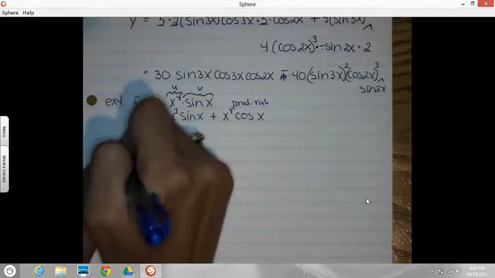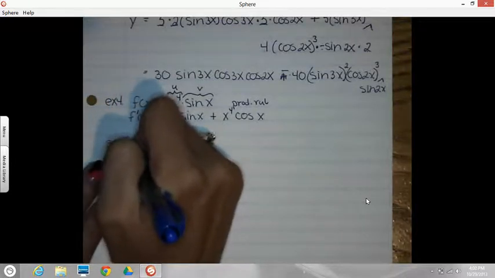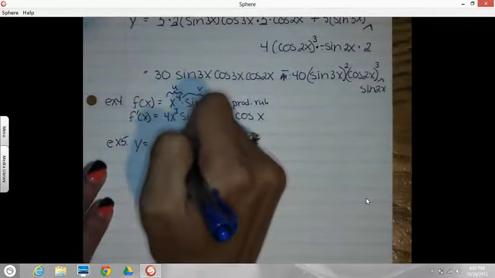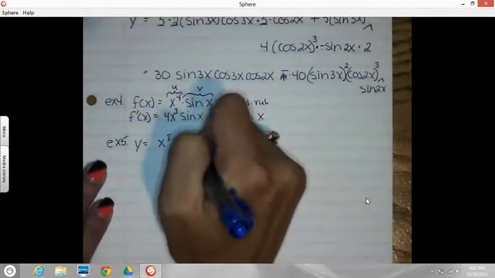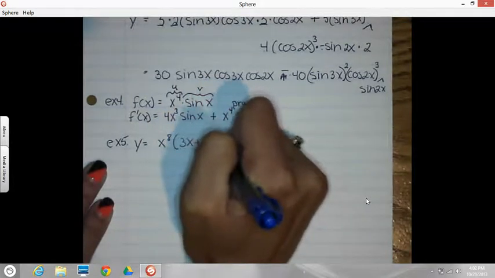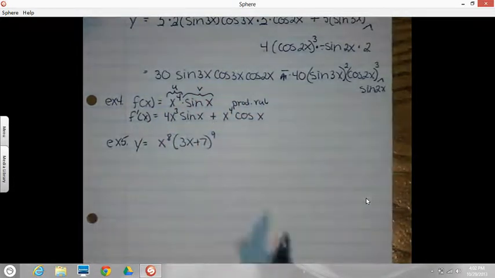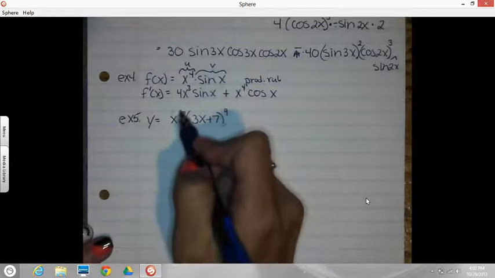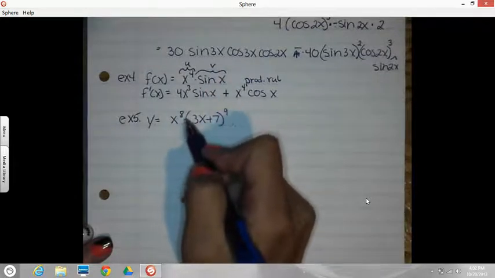Let's go back to a little more work. Y equals x to the 8th times the quantity, 3x plus 7 to the 9th. So this, because there's no trig functions in here, we will do the factoring at the end of the basket. Okay, x to the 8th, that's an x term, multiplied by another x term.